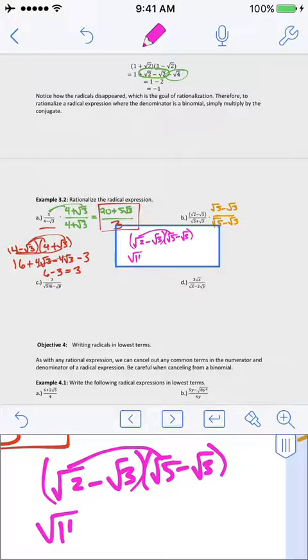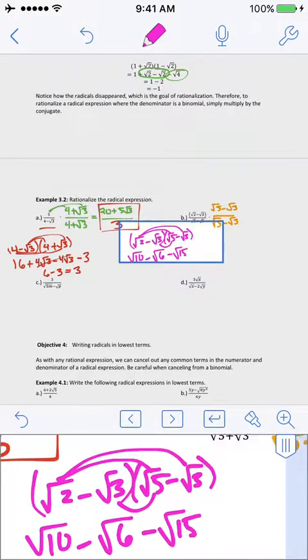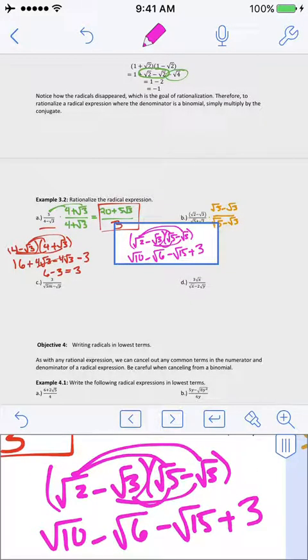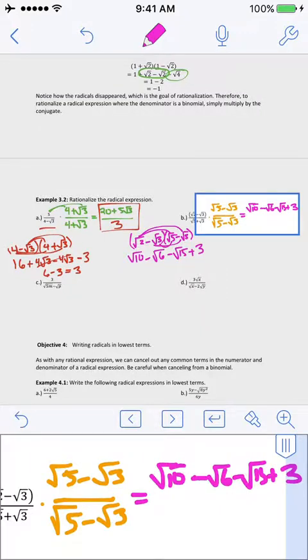That would be root 10. That would be minus root 6. That would be minus root 15. That last one, root 3 times root 3 is going to be a positive 3. And I can't combine any of those because they are not the same radicand. So root 10 minus root 6 minus root 15 plus 3.